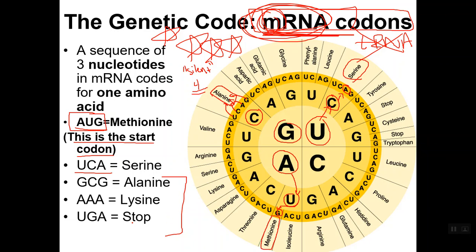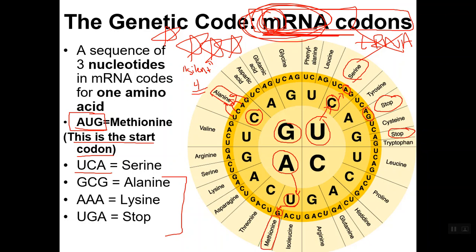The last thing on here is if you look at this codon chart, you'll notice the word stop. Stop is not an amino acid. Stop is the signal that the ribosome knows that it's done. There's no more protein to make and it can release the protein. There are a couple of stop codons.